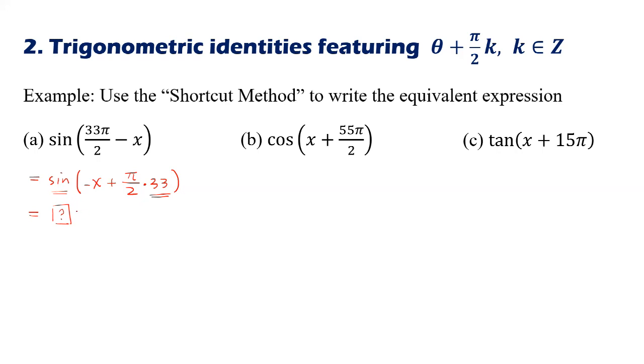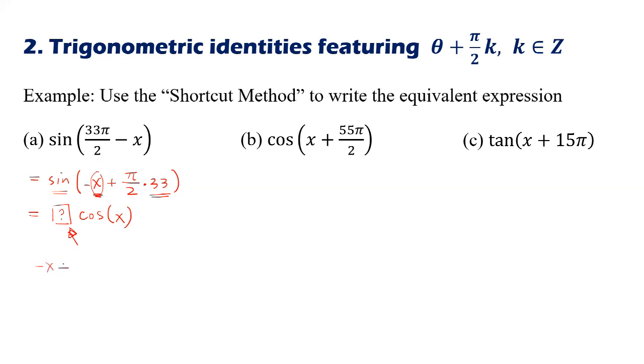So sine is changed to cosine x here, right? All right, next we need to determine the sign is negative or positive. This can be determined by assuming x is acute angle.